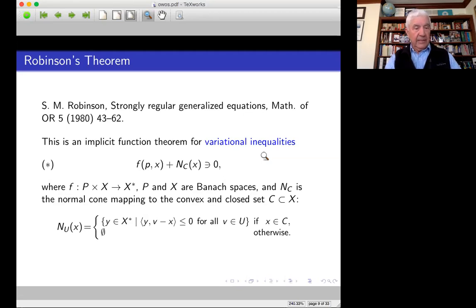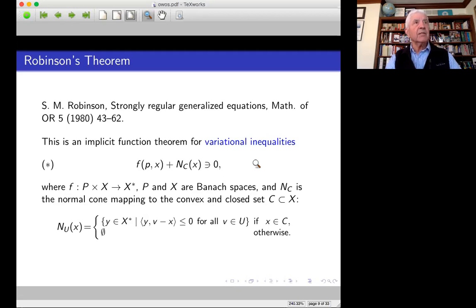And Steve Robinson had optimization in mind, of course, in his paper, and he applied his theorem to a mathematical programming problem. Yeah, this was really a very new idea, to consider inclusions, not equations.